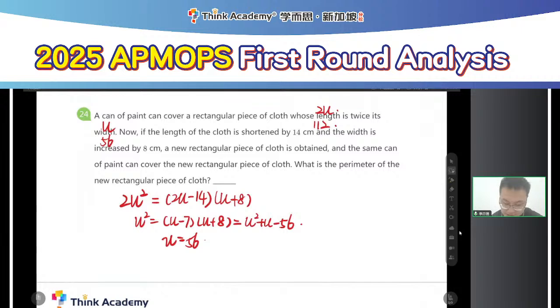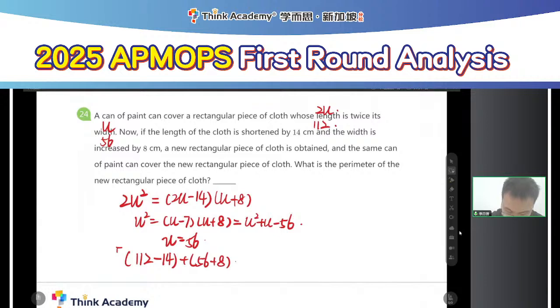Oh, the question is actually for the new pieces, right? So maybe we just calculate the new one. The new one is 112 minus 40, and 56 plus 8, right?